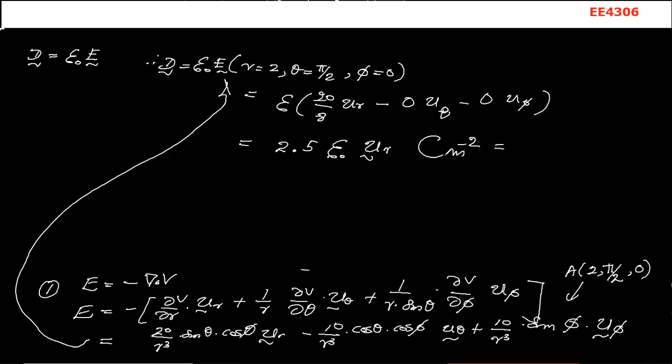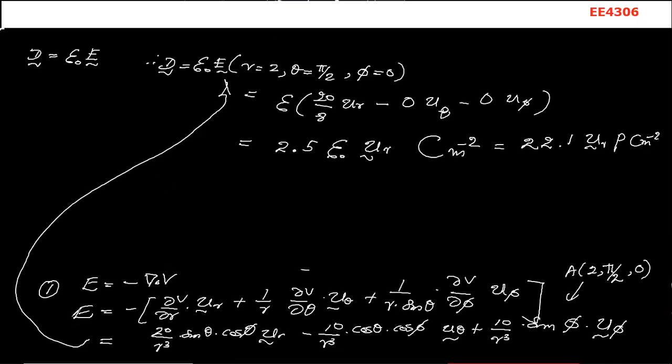Or if you substitute the permittivity of free space, the solution is 22.1 U R pico Coulomb per square meter. So this is the way.